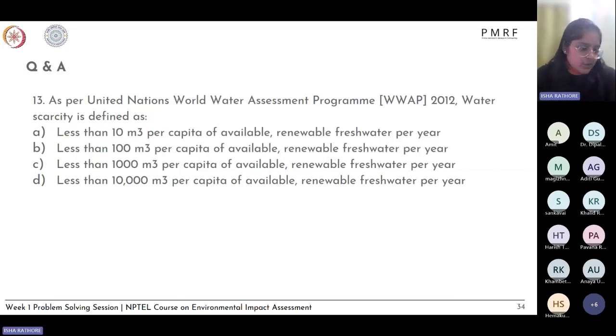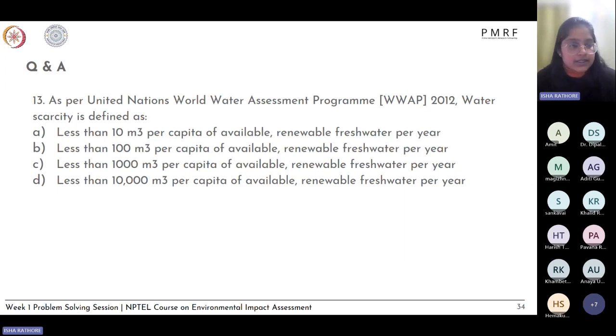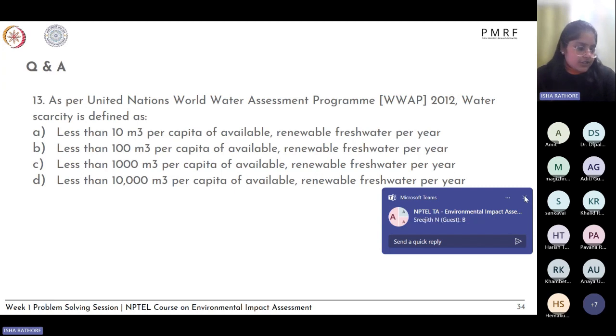So moving on to the next question. As per the United Nations World Water Assessment Programme, WWAP 2012, water scarcity is defined as A, less than 10 meter cube per capita of available renewable fresh water per year, or less than 100 meter cube per capita, or less than 1000 meter cube per capita, or less than 10,000 meter cube per capita. Yeah, so this is another definition from a very significant source.